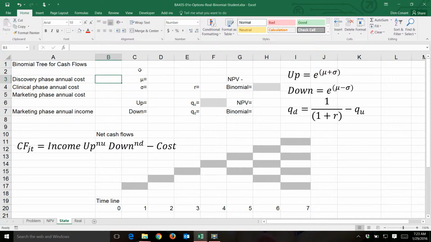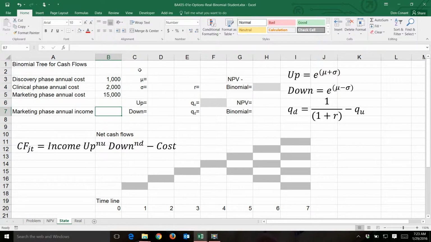In the problem, we were provided with an annual cost of the discovery phase. We'll enter that as a positive value, where this is the cost section of the data section. $2,000 for the clinical phase and $15,000 per year in the marketing phase.